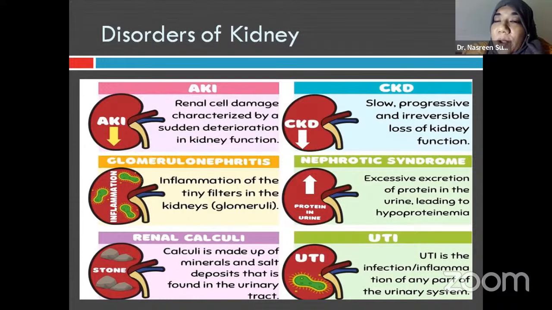Whenever you get a term ending with emia, it means it is in blood, and hypo means less. As the kidneys are excreting a high amount of proteins through the urine, there will be a shortage or deficiency of proteins in the blood.